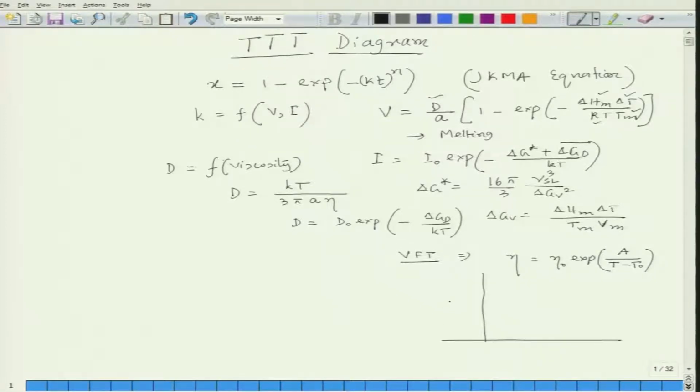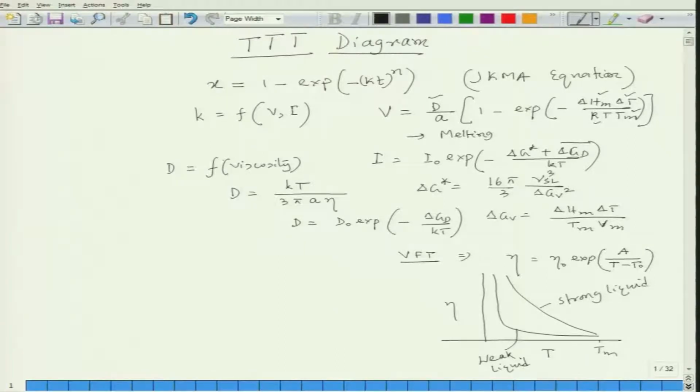In case of a weak liquid, this is Tm, it varies like this. In case of a strong liquid, it varies like this. So, this is for the strong liquid, this is the weak liquid.